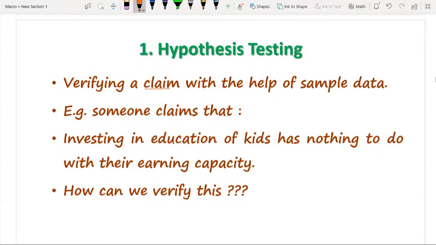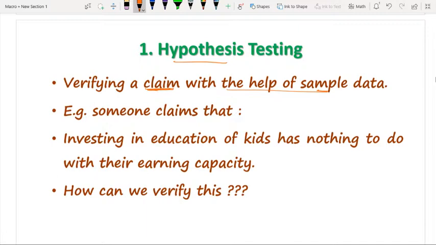So it is a claim which can be tested with the help of sample data. The hypothesis can be true or false, and our purpose here is to ascertain whether the claim made is correct or not. And we use sample data in order to test that.